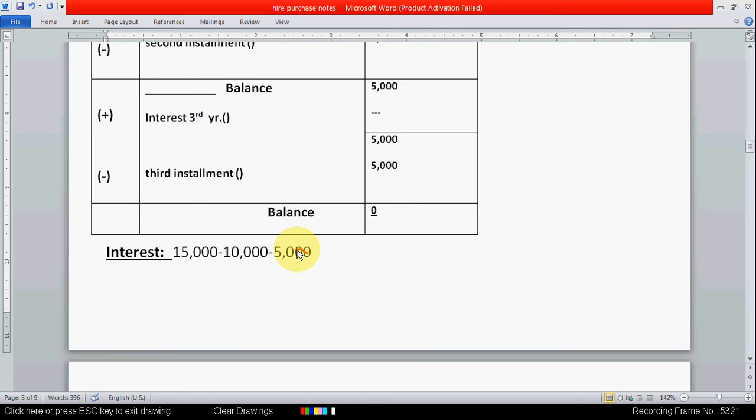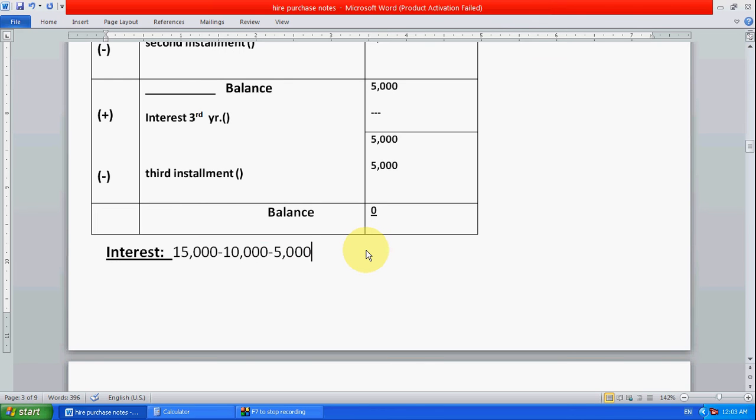It becomes 15, 10, 5. Or else we can take this into a ratio for better understanding.